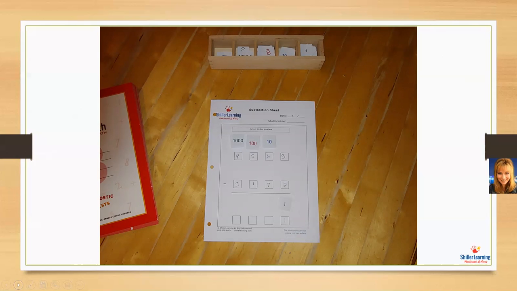We mark that down in the box, and then we're going to take 7 away from our stack of 6 of the 10 tiles. We can't take 7 away from that stack of 6 tiles. So this is that great illustration of the need for exchange.